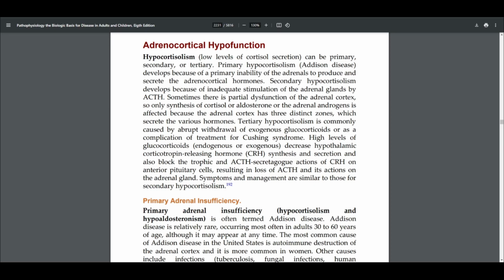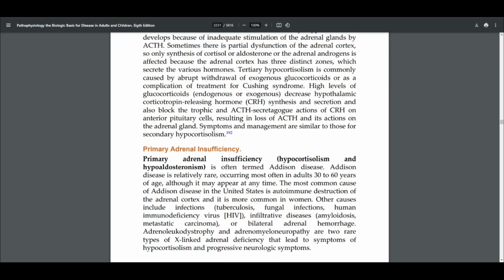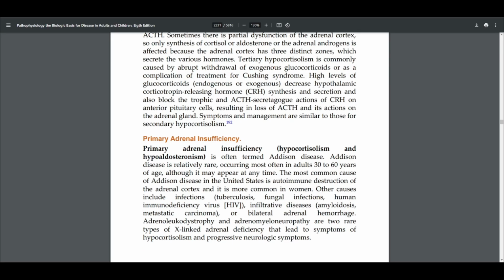High levels of glucocorticoids decrease hypothalamic corticotropin-releasing hormone synthesis and secretion, and also block the trophic and ACTH secretagogue action of CRH on anterior pituitary cells, resulting in loss of ACTH and its actions on the adrenal gland. Symptoms and management are similar to those for secondary hypocortisolism.